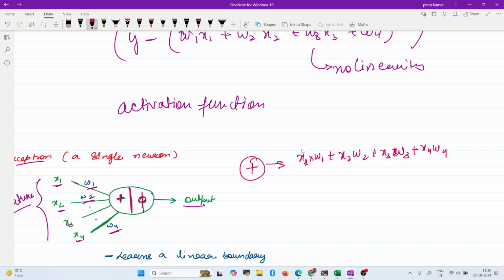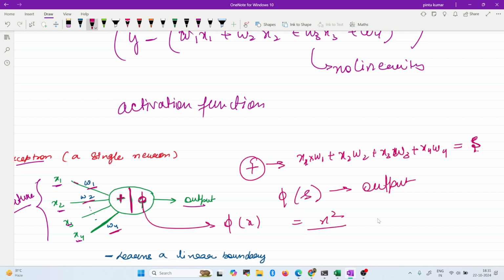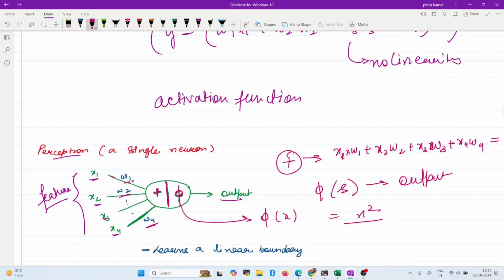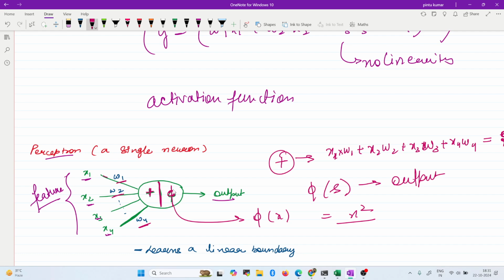This is the plus operation. After you have calculated the plus operation, let's call this sum s. Then your phi operation finally does phi of s, and this is your output. This phi function can be something like your square, as I mentioned before. So this is very similar to linear regression. The only extra thing is that you are passing it through some nonlinear activation function.